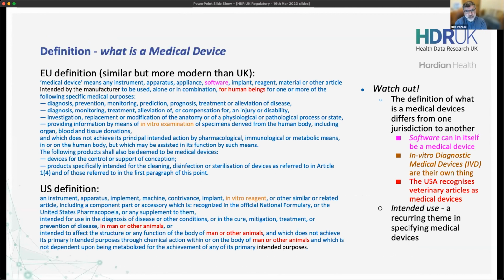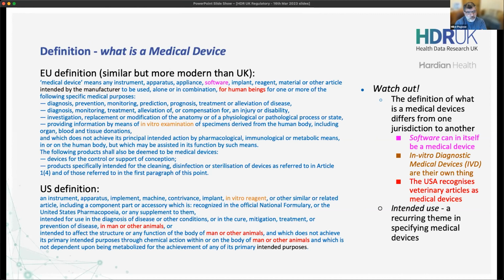Definitions. Small writing, not necessarily to read all at once now. You're going to get this material after the event today. But the first thing we've got to get to is the fact that in different jurisdictions, let's talk particularly about the EU, the UK at the moment, and the US, the definition of a medical device is different. Highlighted in the colors, 3 interesting things.